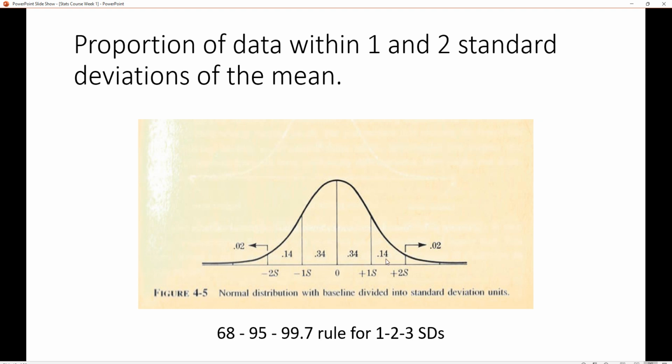Within that second standard deviation, we include another 28%. So that would give us about 95%. And then in that third standard deviation, we would end up with about 99.7% of our sample scores likely falling within 3 standard deviations.